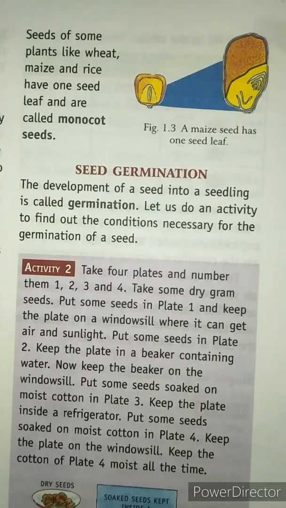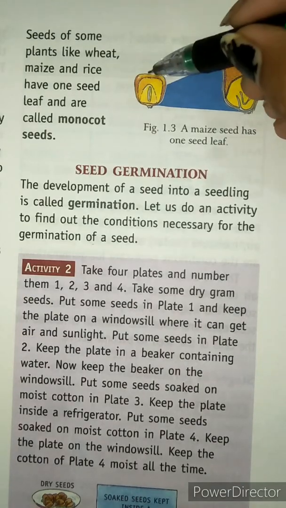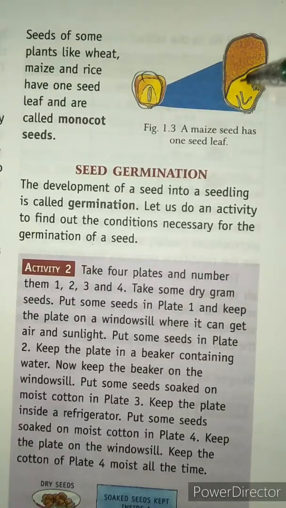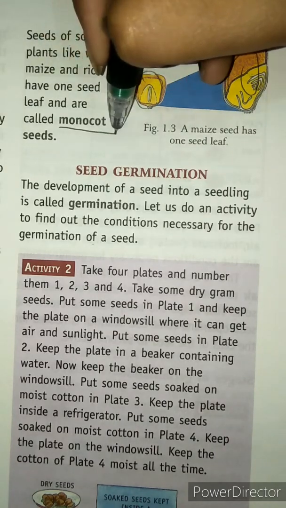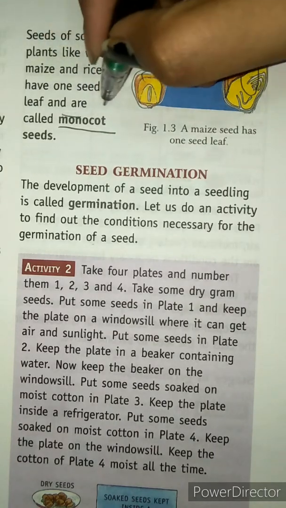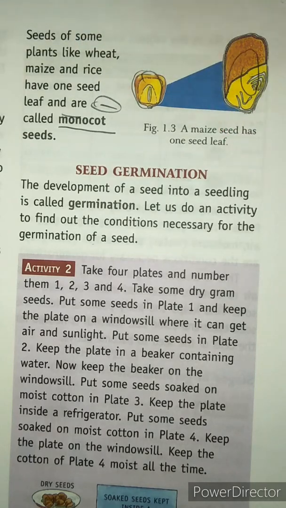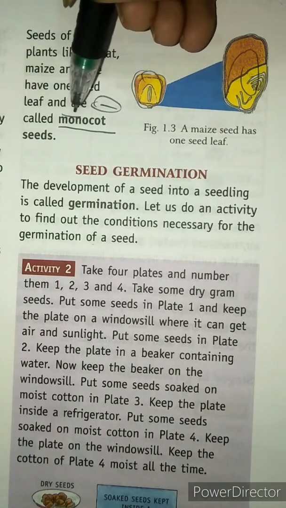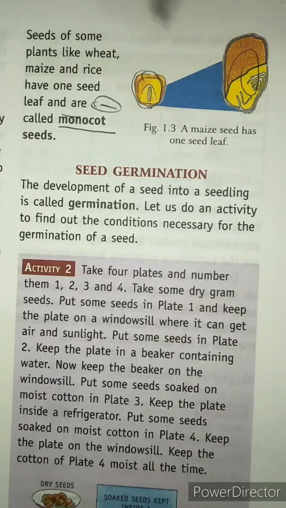And if a seed has only one cotyledon, so this is one cotyledon, and it is known as monocot seeds. Mono means one, di means two, mono means one. Clear? So it is monocot, that means a seed must have only one cotyledon. Clear?